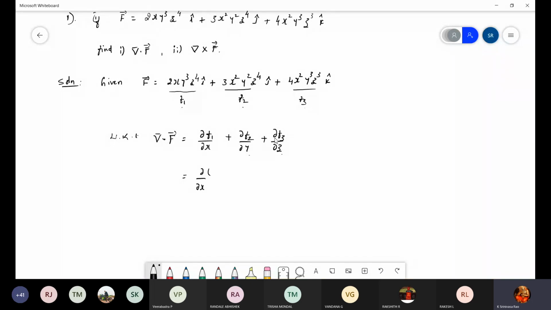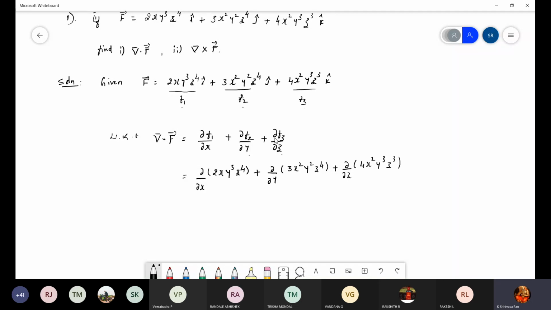What is f1? dou by dou x of 2xy cube z power 4, plus dou by dou y of 3x square y square z power 4, plus dou by dou z of 4x square y cube z cube.